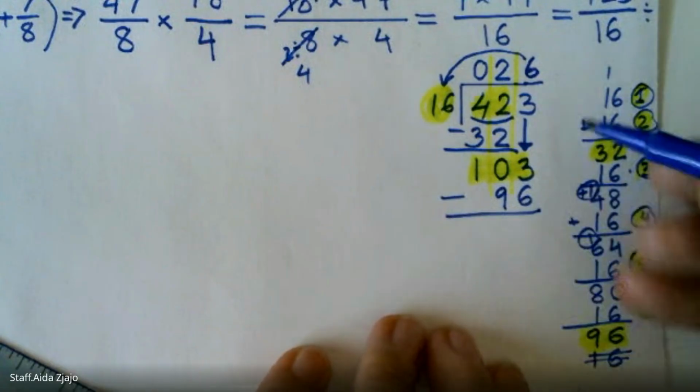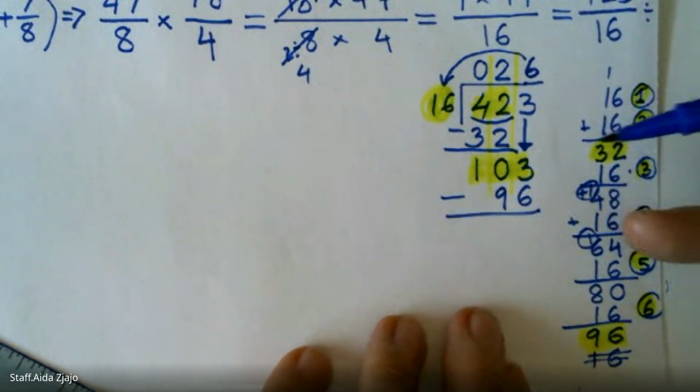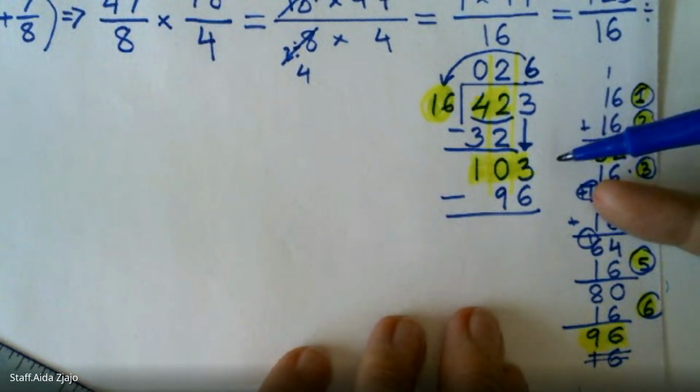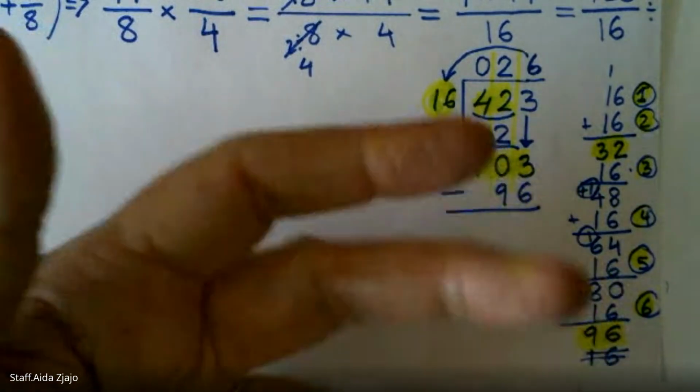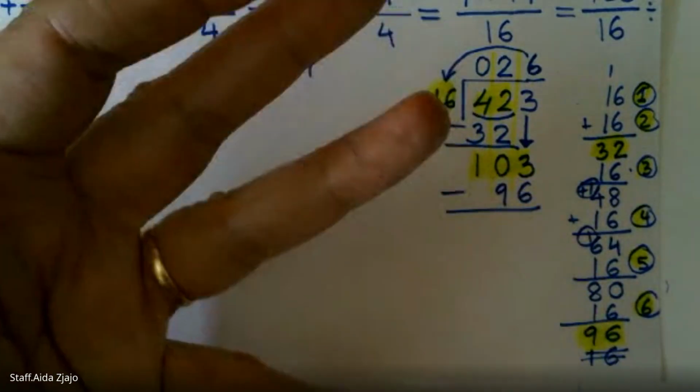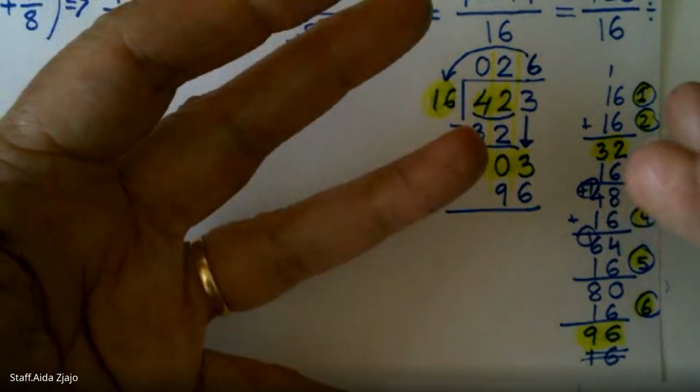When I subtract, I have to regroup. I can count up like 96, 97, 98, 99, 100, 101, 102, 103. So my answer is 7.